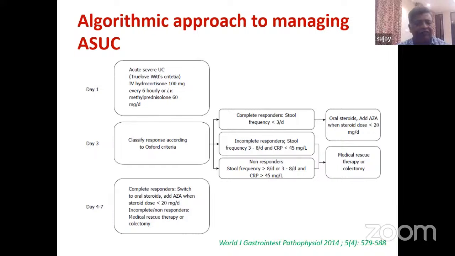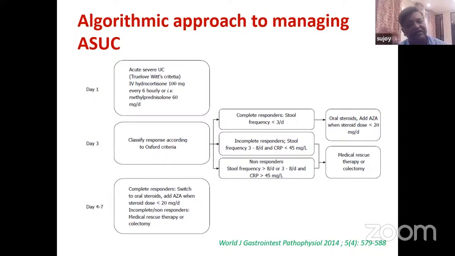I don't want to repeat what Dr. Jayanthi has already said, but generally speaking, if medical rescue is also part of this protocol, then by the 3rd or 4th day, when the change from steroids to, say, infliximab, cyclosporin or tacrolimus occurs, a waiting period of another 3 to 4 days can be given to look for any positive response.